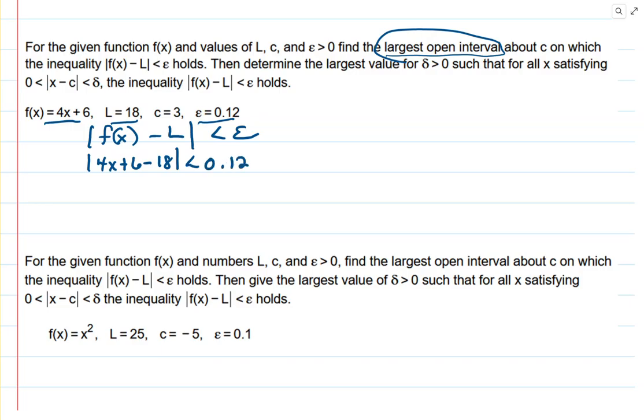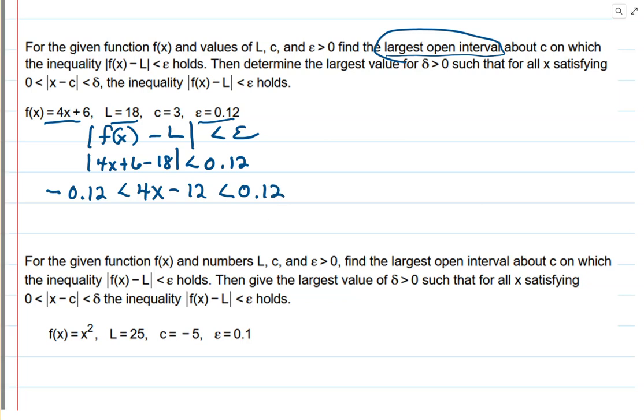In order to remove the absolute values, we have to do the negative on the left. Correct. And I'm going to add those two, and I'm going to get 12, I think. Does everybody agree with my math?